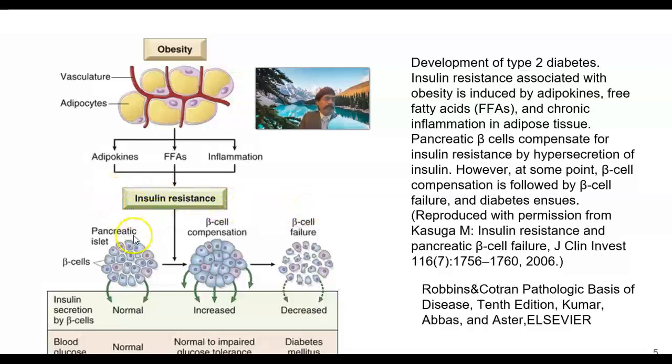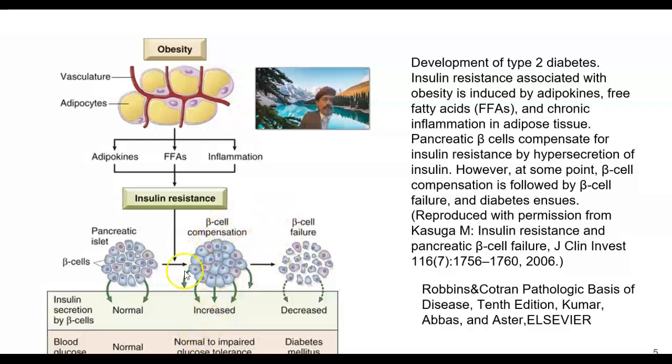Then what happens? Pancreatic islet cell, beta cells, insulin secretion by beta cells. This is normal. Beta cells secrete insulin that regulates blood glucose. In case of increased insulin resistance at the receptor level of the skeletal muscle, what will happen initially?